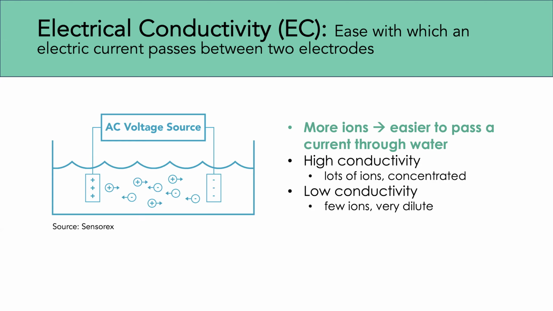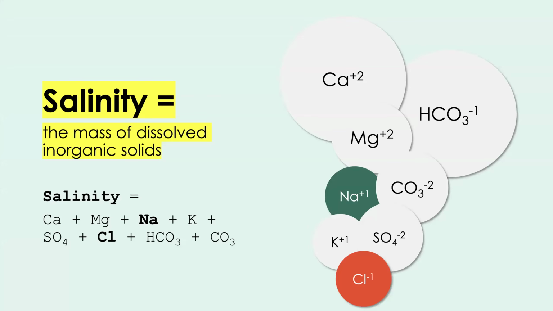So again, we can use these sensors to measure total salinity, but we also know that humans are mostly polluting the water with sodium and chloride. So we can also take a water sample and just measure chloride, and that will give us a pretty good idea of the impact from road salt.